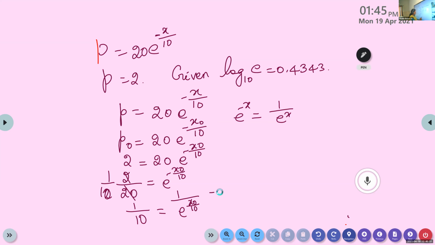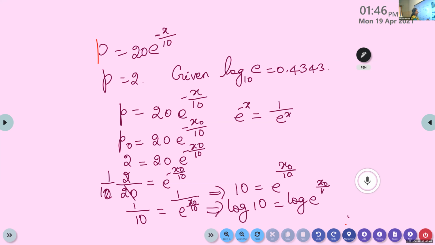So from here you will get 10 is equal to e raised to x naught by 10. Now we want to remove e. To remove e, what can you do? We can take log on both sides. Log 10 is equal to log e raised to x naught by 10.